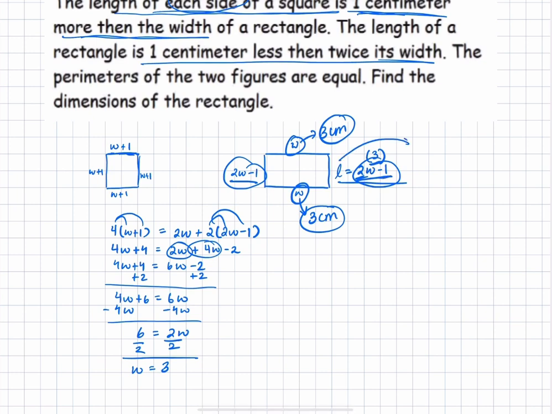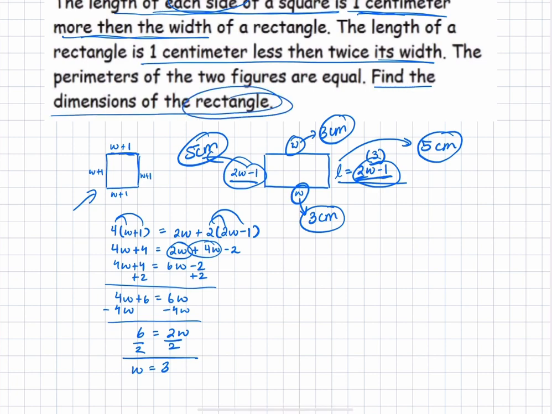So the length is 5 centimeters, and obviously the opposite side is 5 centimeters as well. We don't have to find the dimensions of the square because the question asks us to find the dimensions of the rectangle and the rectangle only.